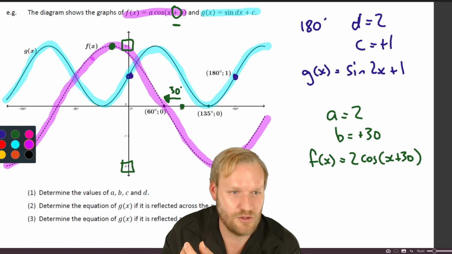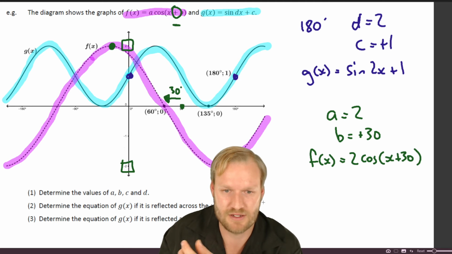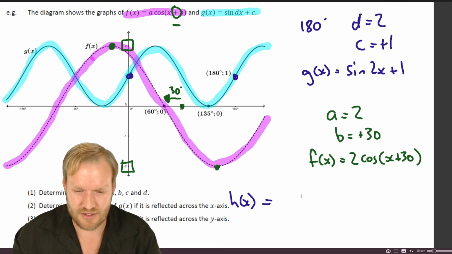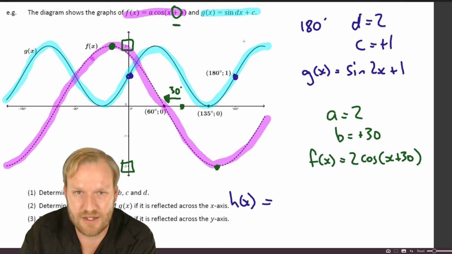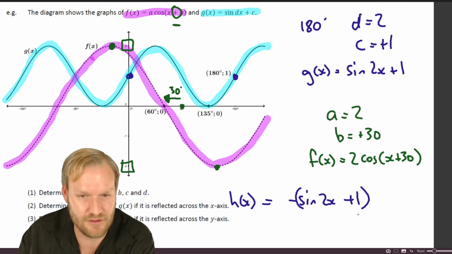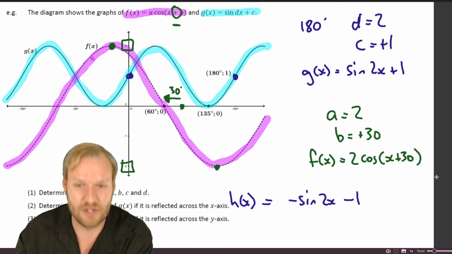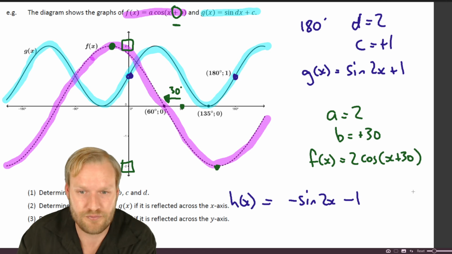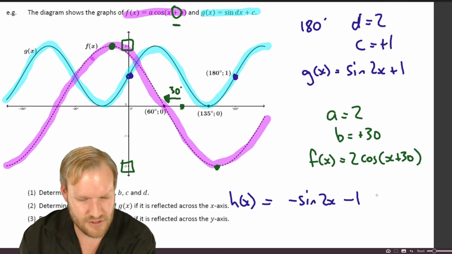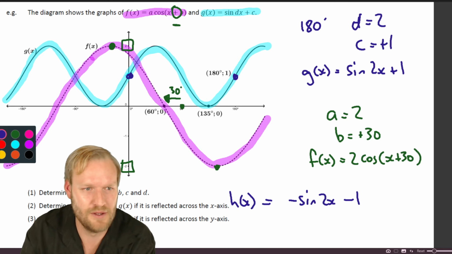If we call this graph h of x, then h of x equals, well, we're going to take this graph and make the whole thing negative: minus sine 2x minus 1, because we've taken the negative of the whole thing. So if we distribute that negative, we get minus sine 2x minus 1, because we've just reflected it, like a parabola or any other function we've done.